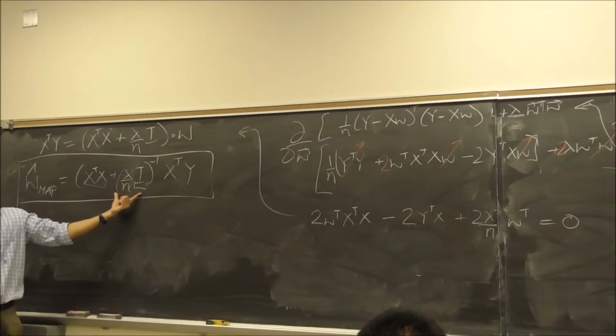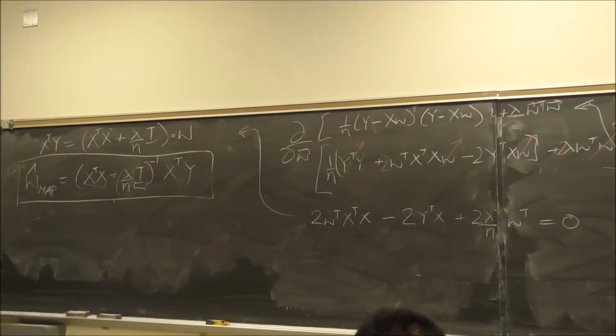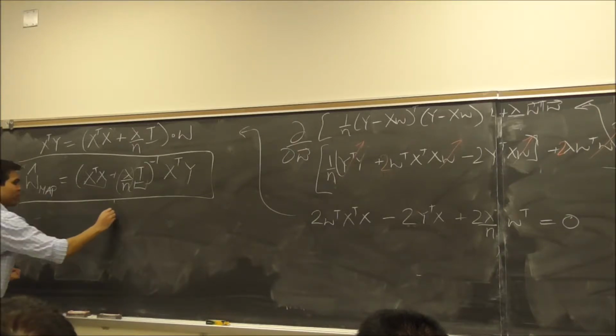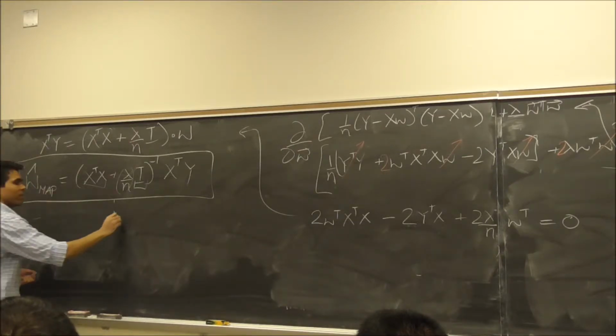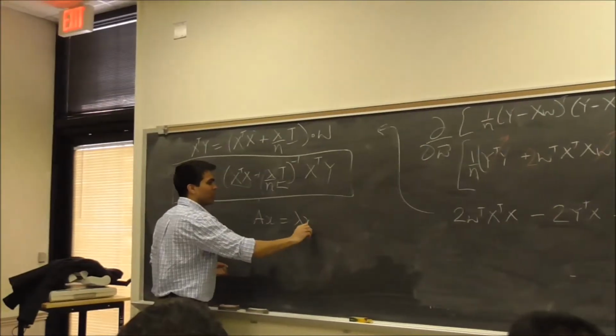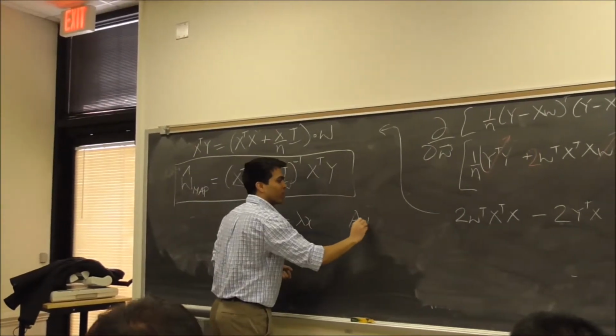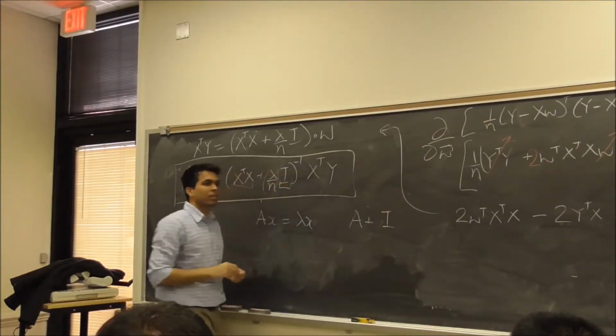This is a modification of a pseudo inverse. Anybody want to tell me what adding an identity matrix does to a matrix's eigenvalues? What does it mean? If I start with a matrix A and it has some eigenvector and eigenvalue, what do I know about A plus identity?